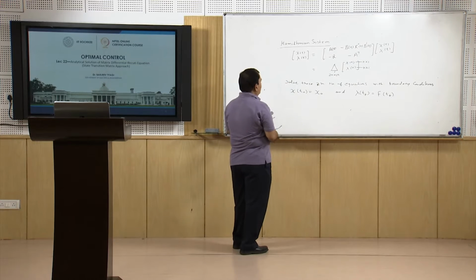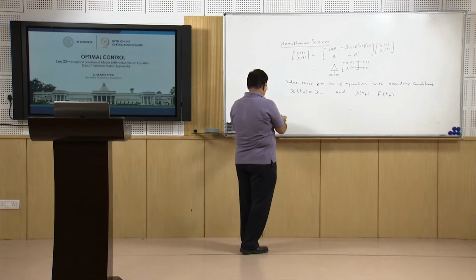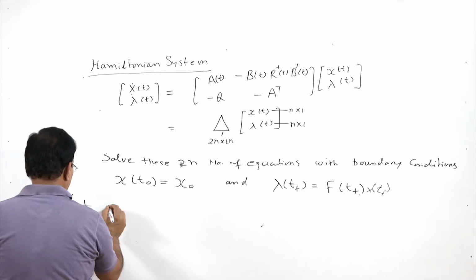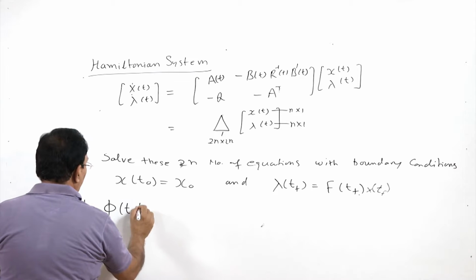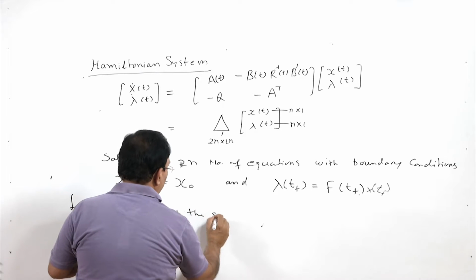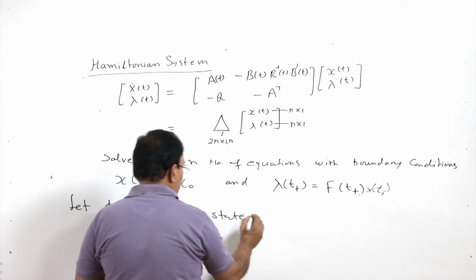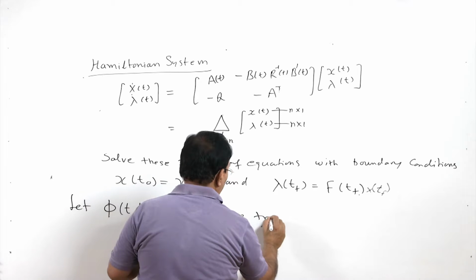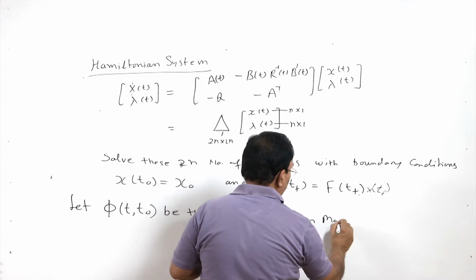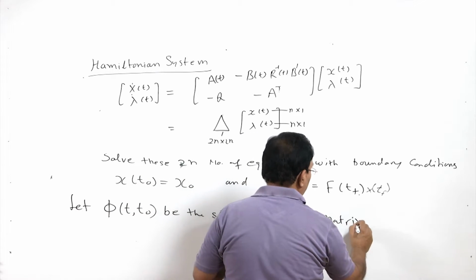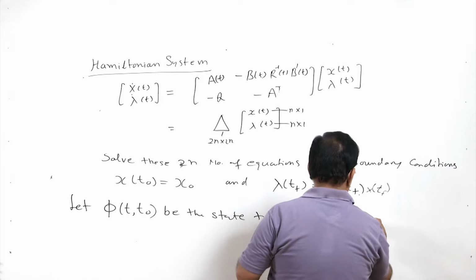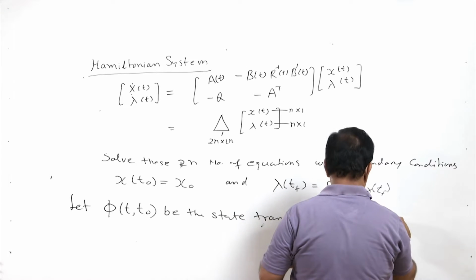To solve this, let phi of t, t0 be the state transition matrix of the Hamiltonian system.